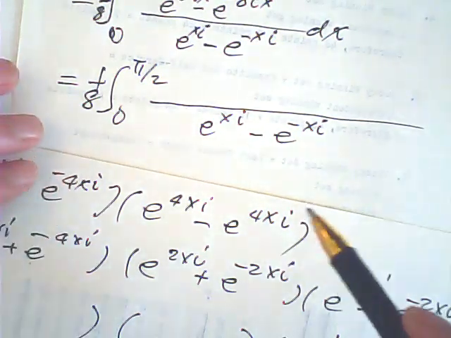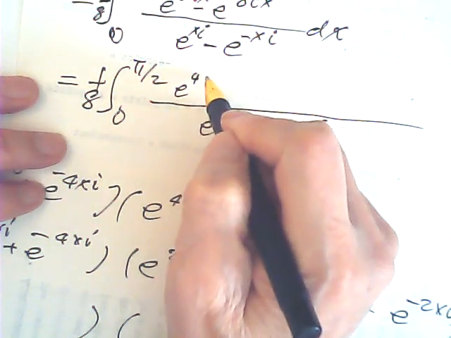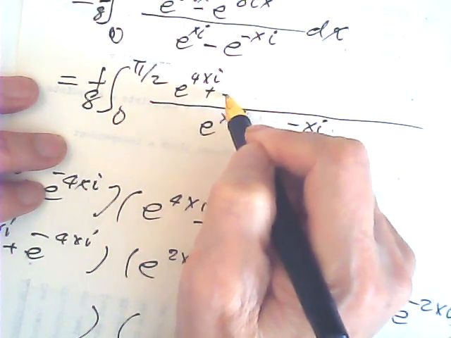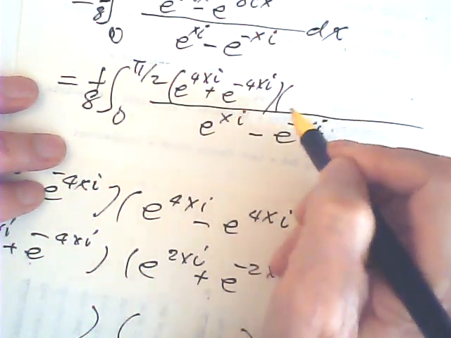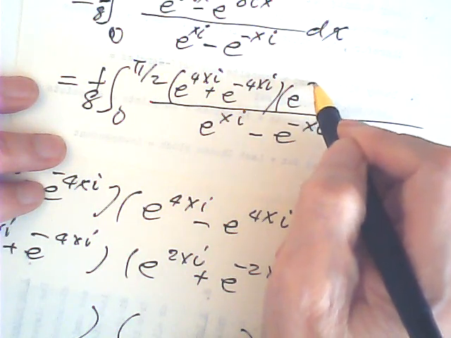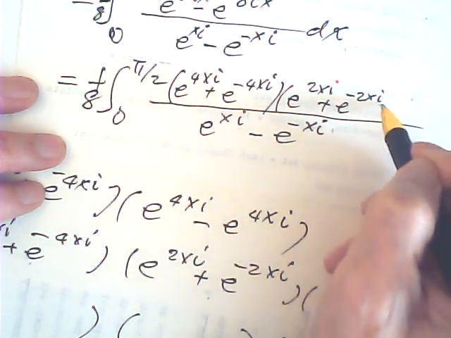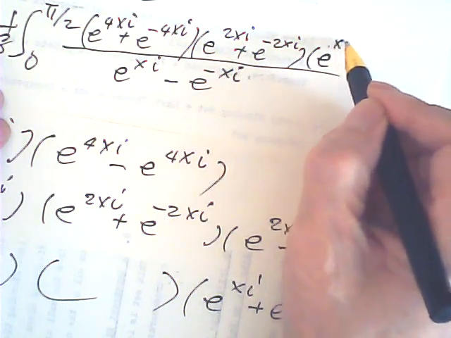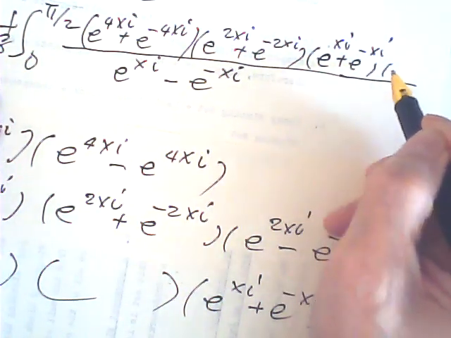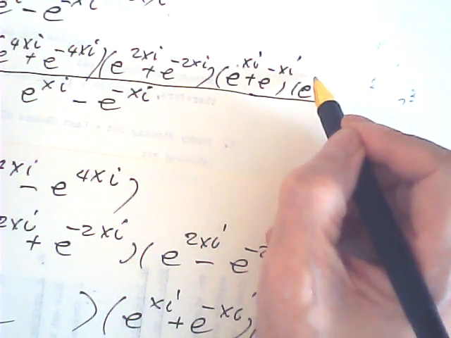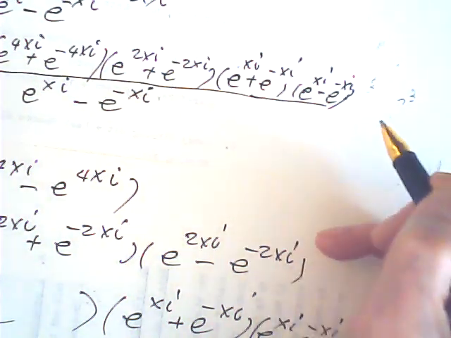So let me not jump. Okay, this is equal to e to the 4xi plus e to the negative 4xi, e to the 2xi plus e to the negative 2xi, times e to the xi plus e to the negative xi, and e to the xi minus e to the negative xi, and a dx.